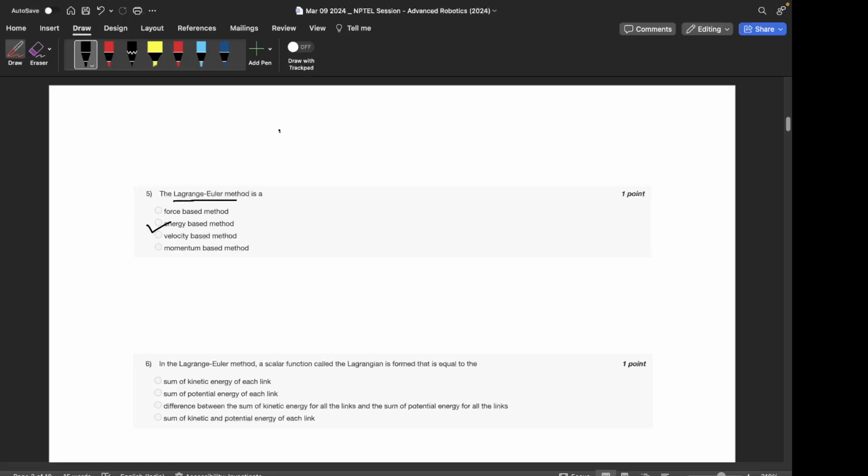In the Lagrange-Euler method, we define something called the Lagrangian of the system, which is the difference of the kinetic energy and the potential energy. Kinetic energy will be the sum of the kinetic energy of all links, so if there are n links, then 1 to n.